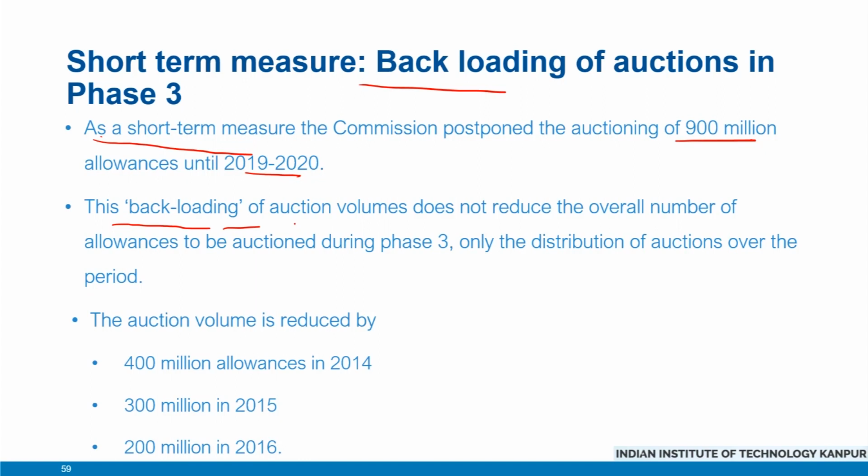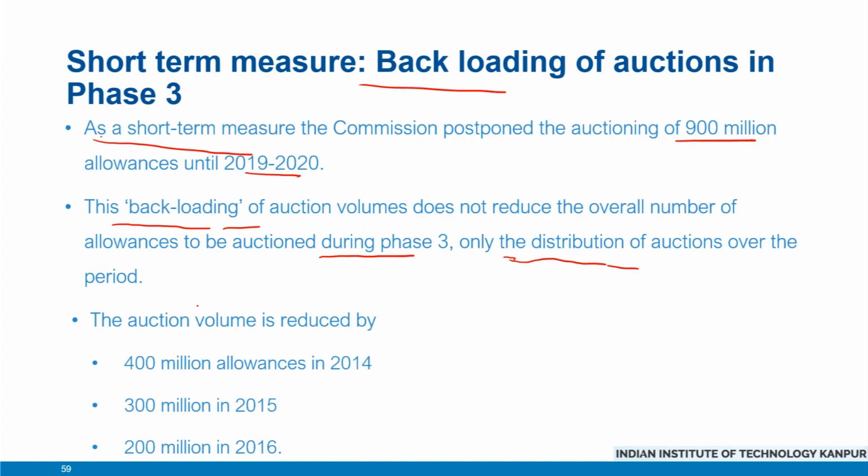There is no cancellation as such or reduction. Only that as a part of phase 3, of the total volume of auctioned allowances, a certain portion has been back-ended. So only the distribution of auctions over the period is back-ended to manage the excess supply. So we are not reducing the overall volume or cancelling it. We are only back-ending it, sort of delaying it.